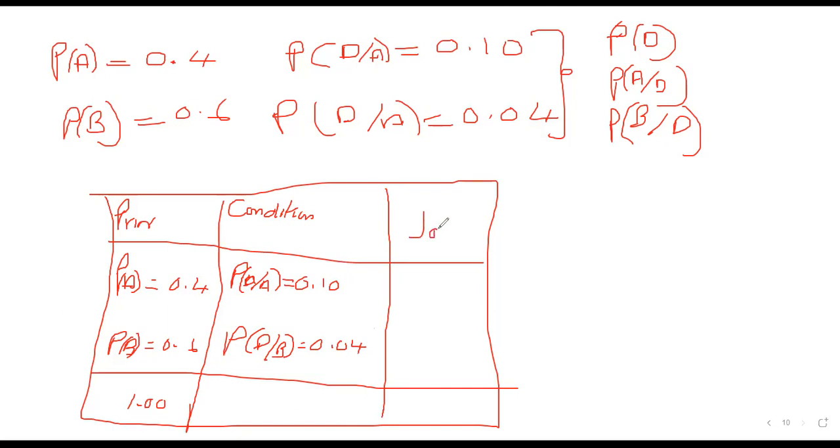Then we have what is called the joint probability. The joint is called the intersection. The intersection is simply multiplying column A times column B. So D given A times A will give you the probability of the intersection of the two letters concerned, D intersection A. D given B times probability of B will give you D intersection B. So when you apply these two, what are we getting?